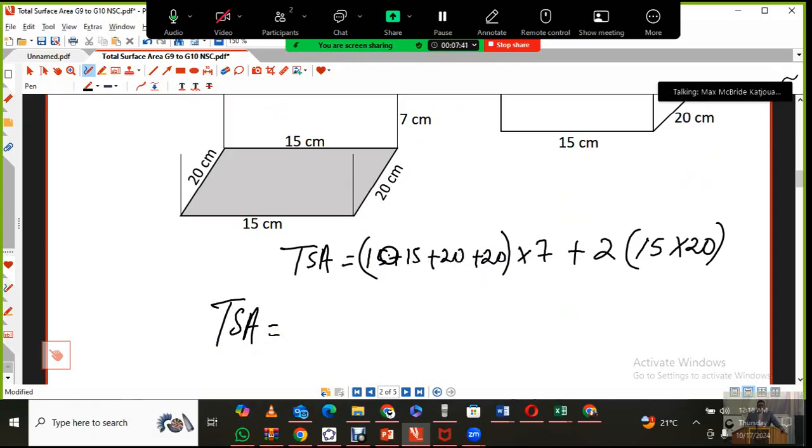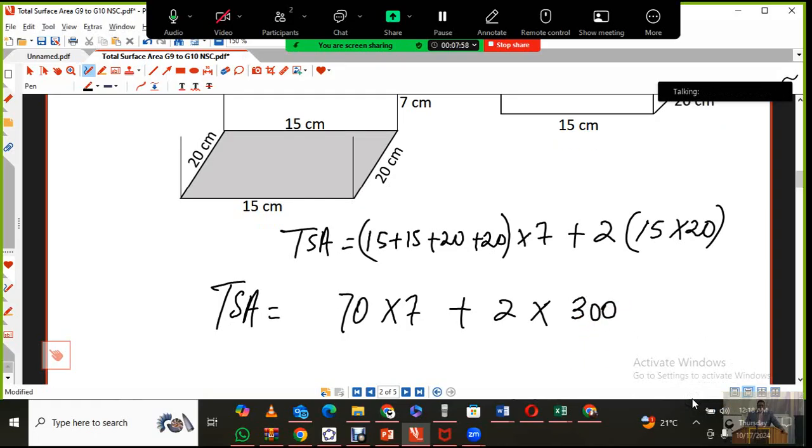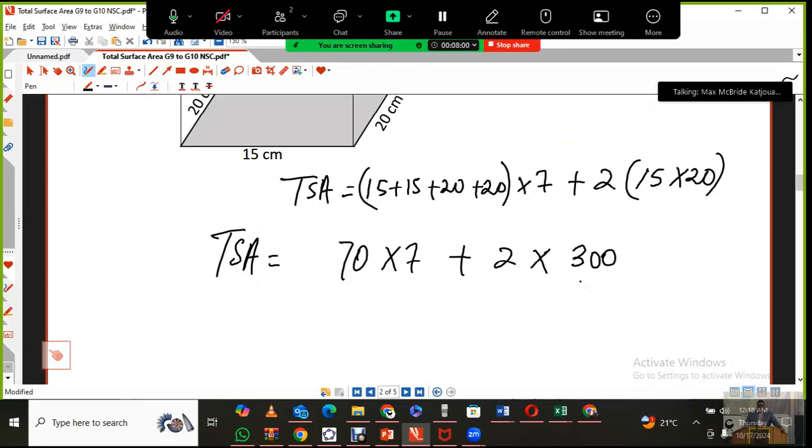So inside here, there is 30 plus 40. So that is 70 times 7 plus 2 times, what is 15 times 20? 300. What is 70 times 7? 490. 70 times 7 is 490.